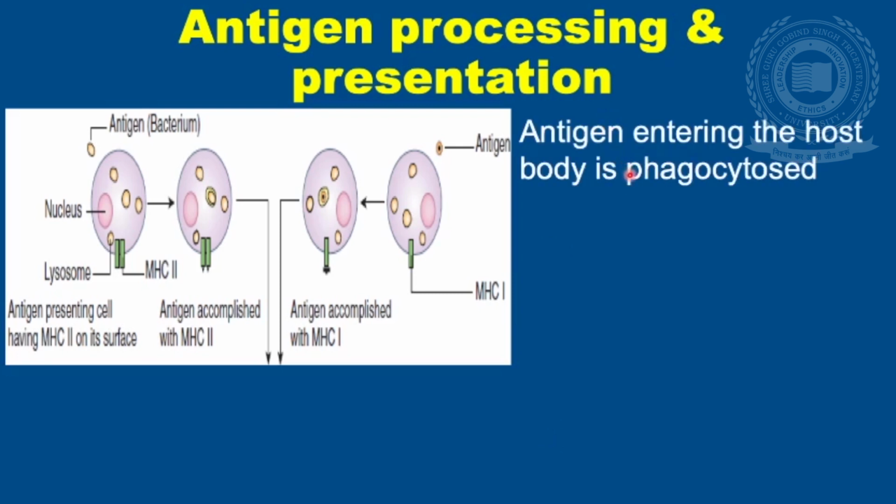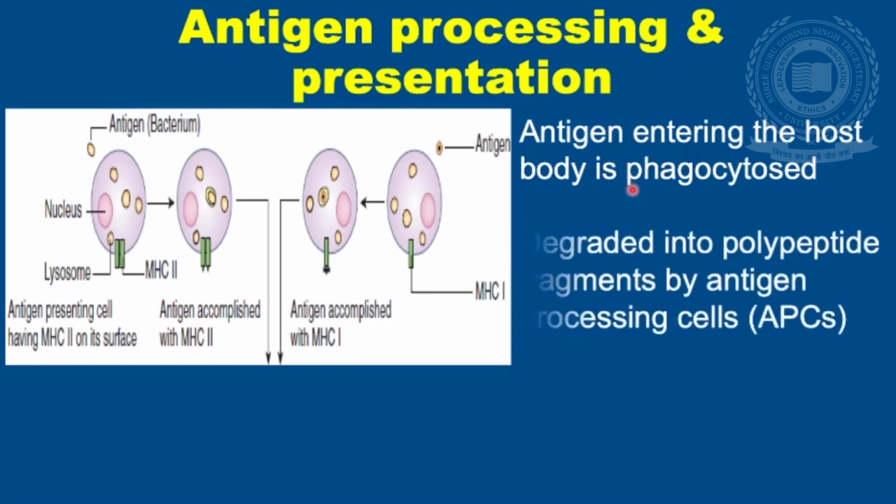Antigen after entering the host body is phagocytosed and is degraded into polypeptide fragments by the antigen-presenting cells or the antigen-processing cells, which include the macrophages and the dendritic cells present in the peripheral lymphoid tissues.